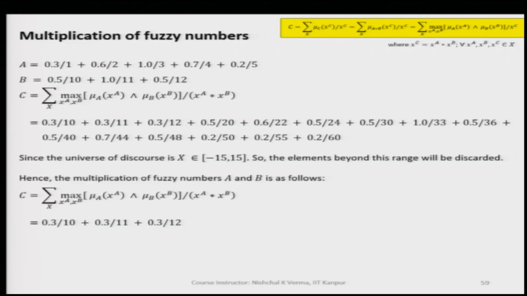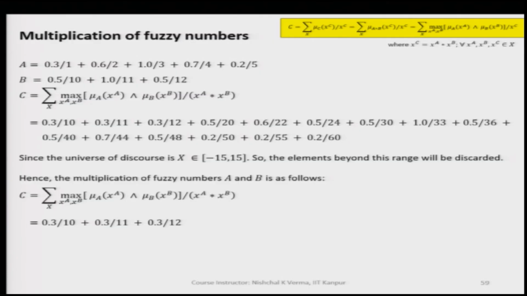Since the universe of discourse that has been given to us is minus 15 to 15, whatever elements we get here should be within the universe of discourse. This means we have to consider only those terms for which the generic variable values are within this universe of discourse.